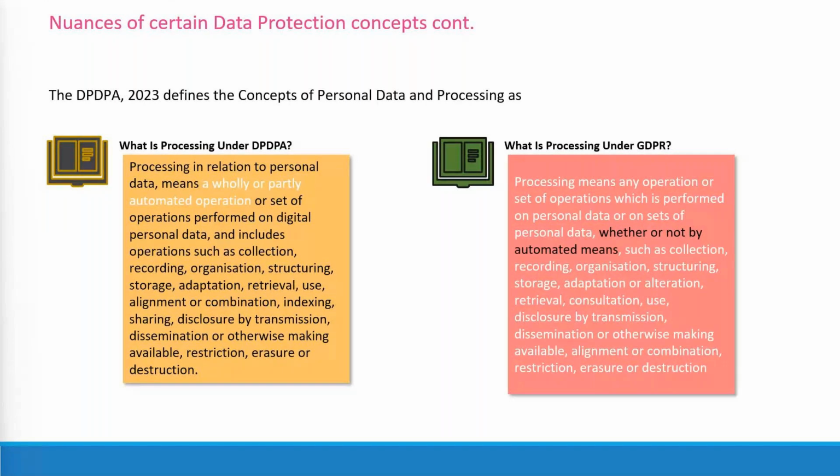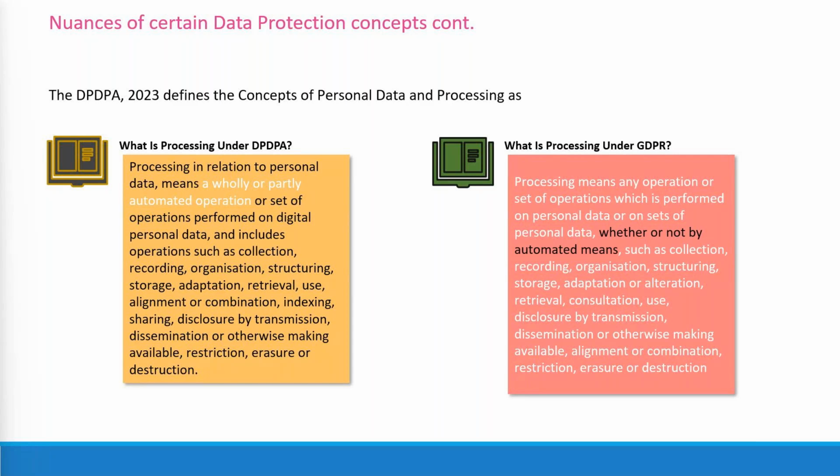But processing can also come in unconventional forms, right? This information can be utilized by the same person to do something, because it's there with the person, he is aware of it, correct? So that also amounts to disclosure. Disclosure is one of the important aspects of processing.